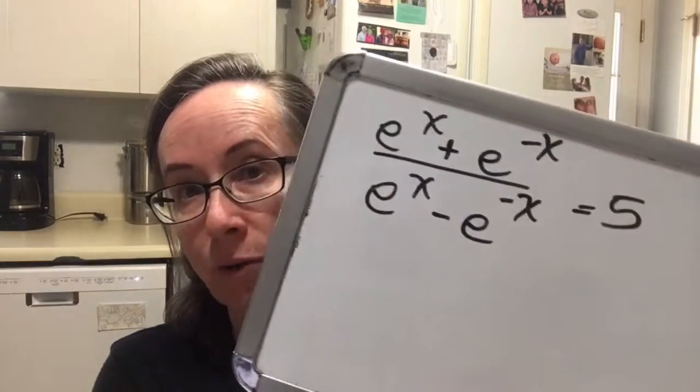Now this is number 4 in your problem set at the back of your PowerPoint. So we end up with e to the x again, and close that parenthesis, and then I'm going to use minus, and then second e to the negative x.